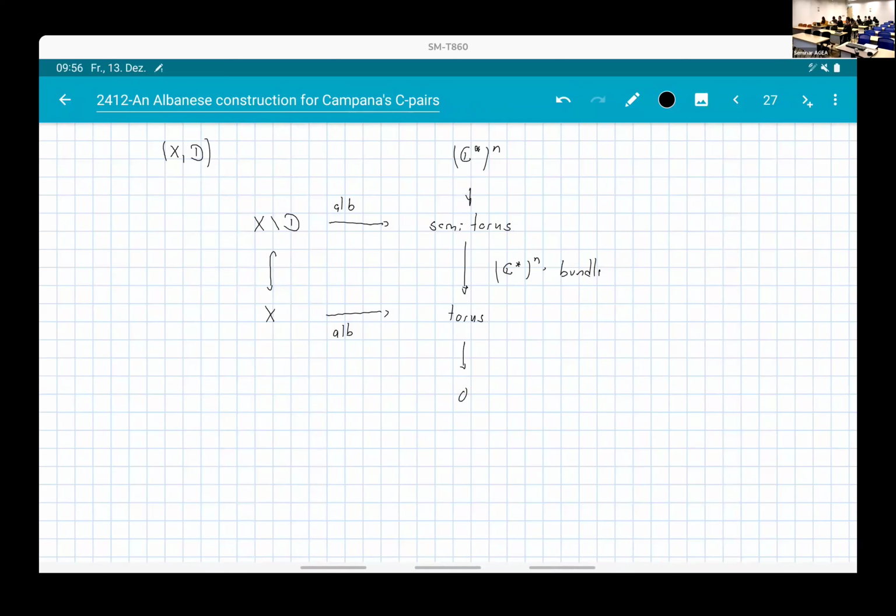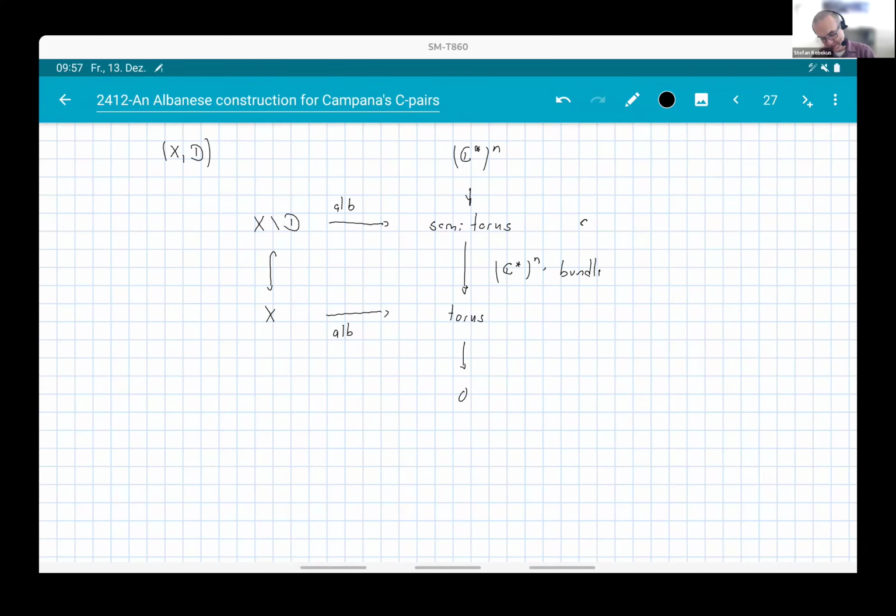This is called a presentation of the semi-torus. And when you have a presentation of a semi-torus, then you have this C star to the n bundle, you can compactify to a P^n bundle. And your Albanese map here is not just any Albanese.